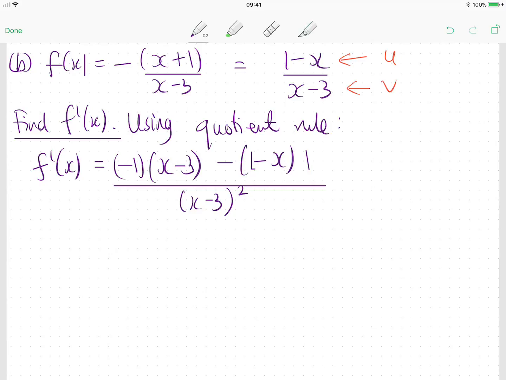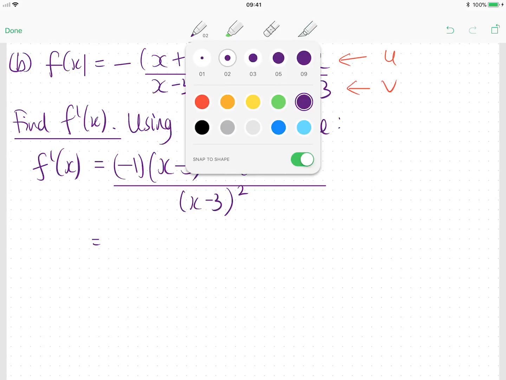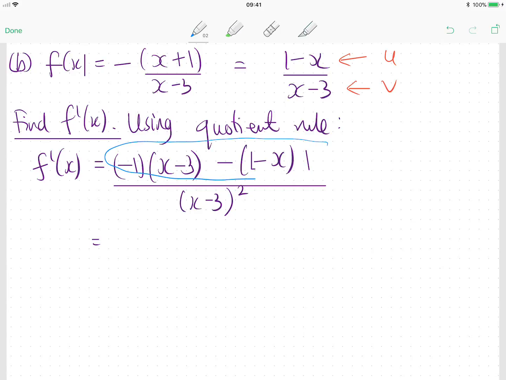Okay, there's some slight variations to that. That's the way I do it. Works for me. Now I want to simplify. So let's times out the bracket. It's a bit messy in here, so I think I'm just going to times it all out, make it a bit neater. So we have minus x plus 3, minus 1 plus x.